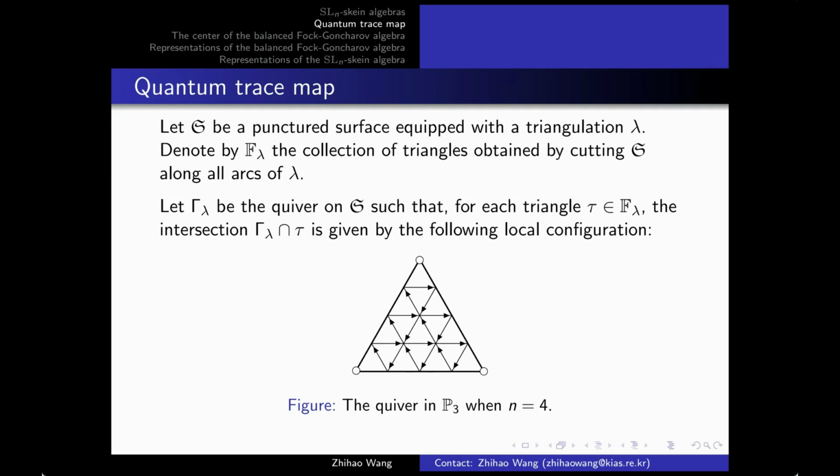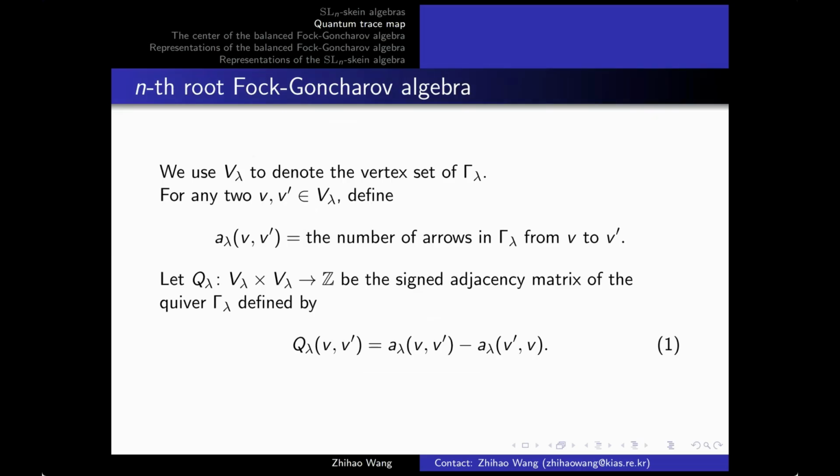Okay, let's continue. Now we have a quiver, and then we can define the anti-symmetric matrix, just the adjacency matrix of this quiver. We use V lambda to denote the vertex set of this gamma lambda. For any two vertices V and V prime, A lambda V V prime is the number of arrows in gamma lambda from V to V prime.